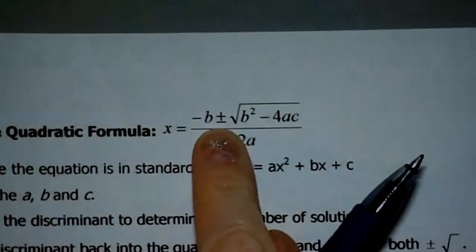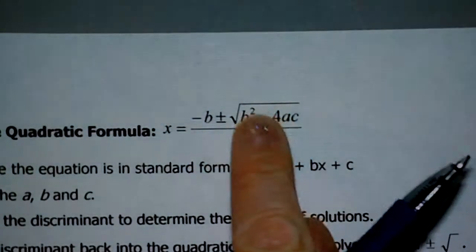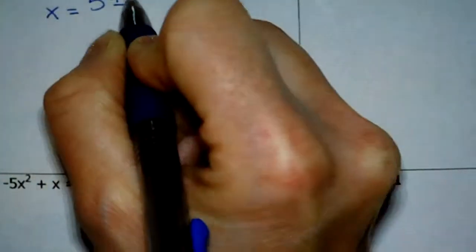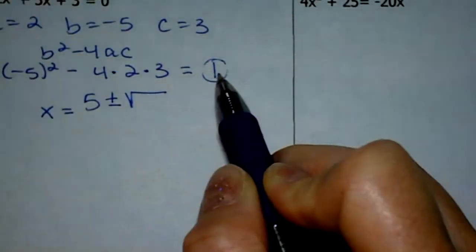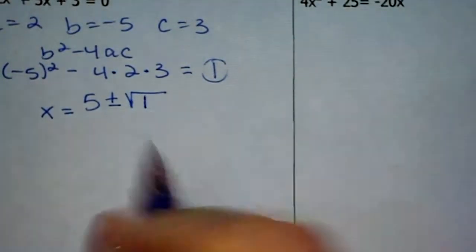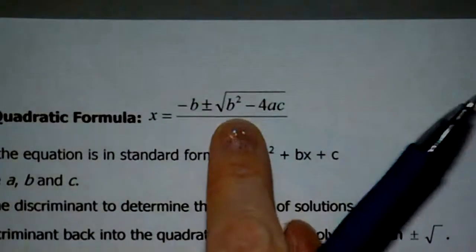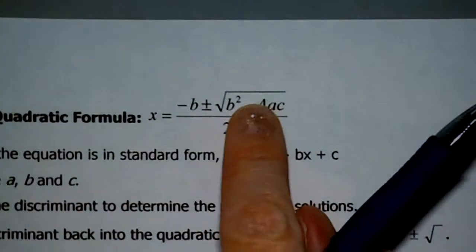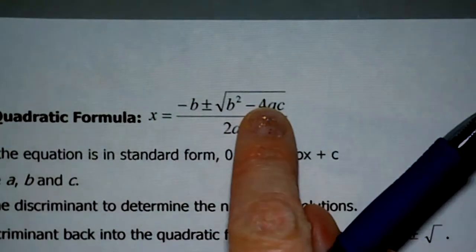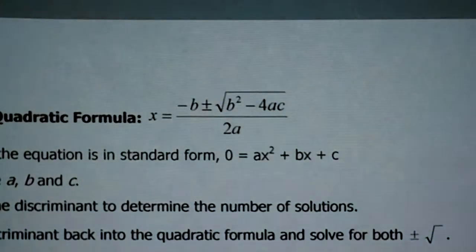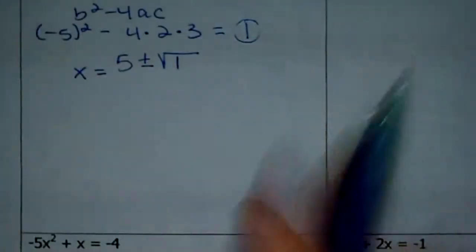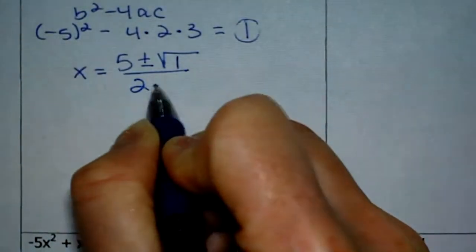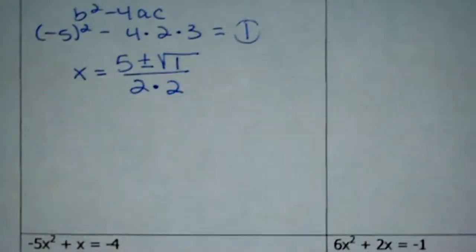So opposite b, and now plus or minus the square root of b squared minus 4ac, which we just figured out was 1. So I'm just replacing what's underneath there. We just replaced b squared minus 4ac with the number that we found. We still have to take the square root of it, and we're supposed to divide that by 2 times a. So in the denominator, I'm going to put 2 times 2.